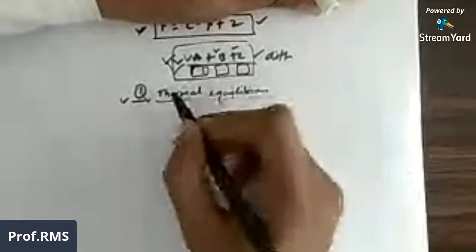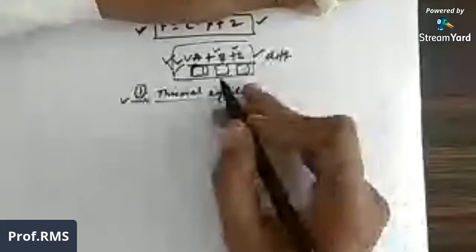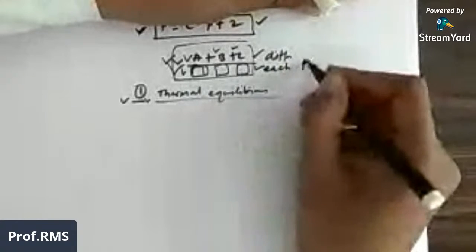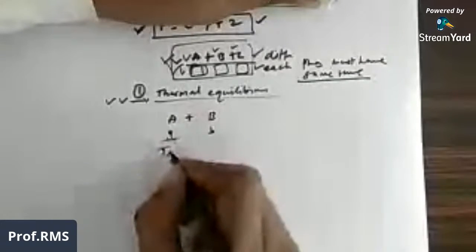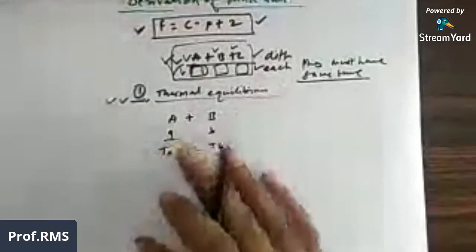Each phase must have the same temperature. For example, if we have phase a and phase b, the temperature Ta will be equal to temperature Tb. That is one of the important conditions for equilibrium.